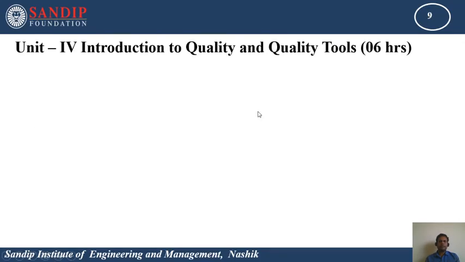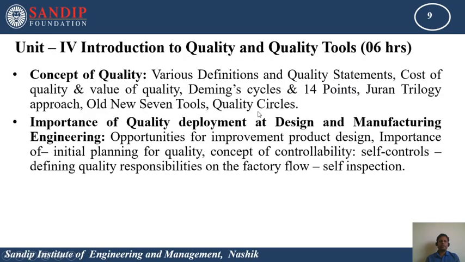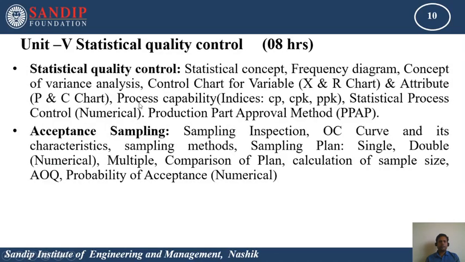Then remaining 3 units are related to quality control. So unit number 4 is introductions to quality and quality tools, in which the concept of quality, importance of quality deployment at design and manufacturing engineering. Now unit number 5 is statistical quality control. This unit is divided into 2 parts. First one is statistical quality control and second one is acceptance sampling.